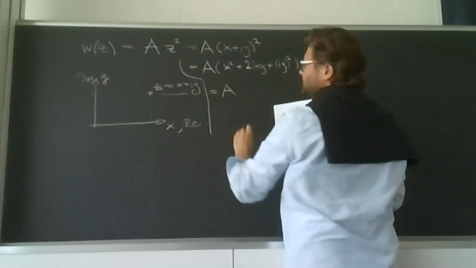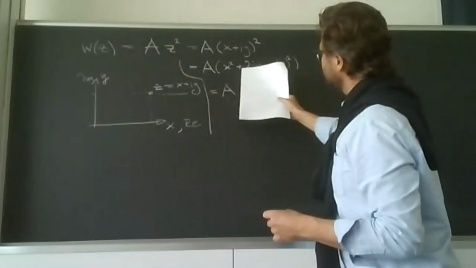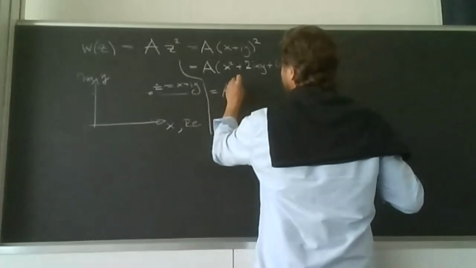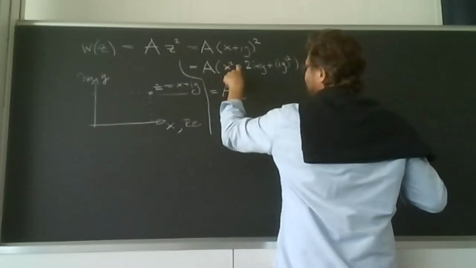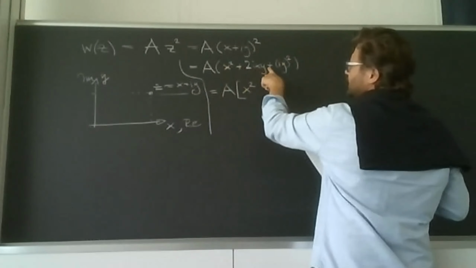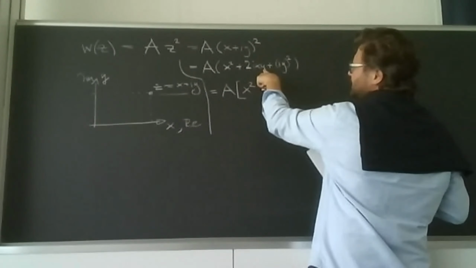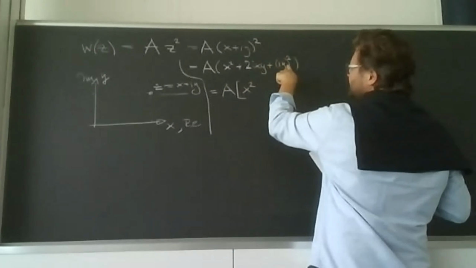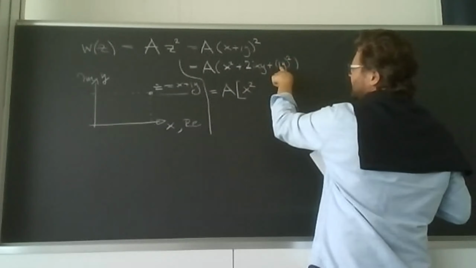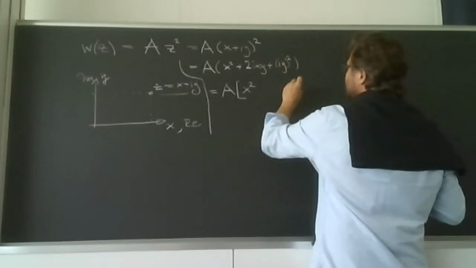Let us group this together. Let us collect all the real valued and all the complex valued terms. So we have A times X squared. This term here is 2iXY. This is definitely complex valued. But this here, iY squared, this gives Y squared times i squared, and i squared is just defined as -1.